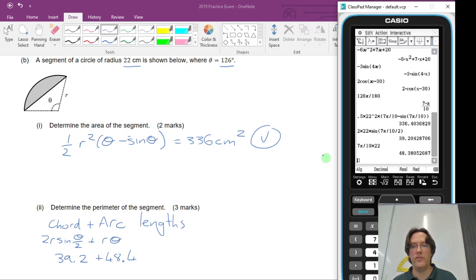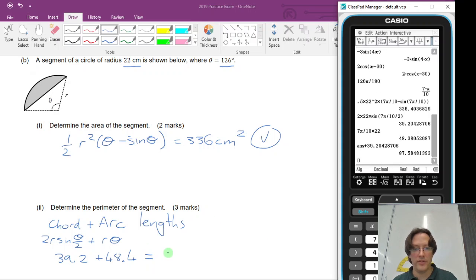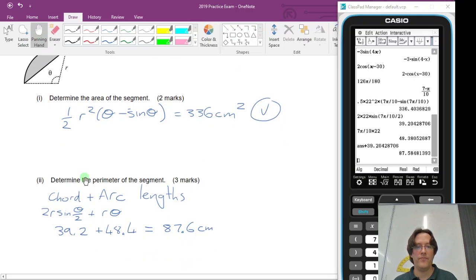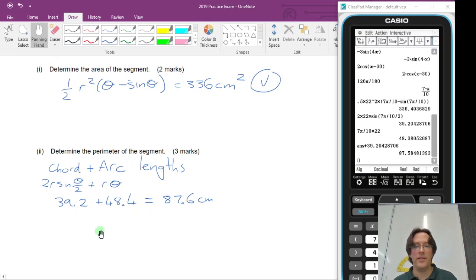Or if you've got your e-activity, you can throw that in there as well. So that gives us 87.6. Or if you did 88 centimeters, I'd give you full marks for that as well. If you did 87.5, I'd take a mark off for not rounding correctly. And that's the correct answer there, 87.6. You've got to make sure you put your units in there as well. So that's that one.